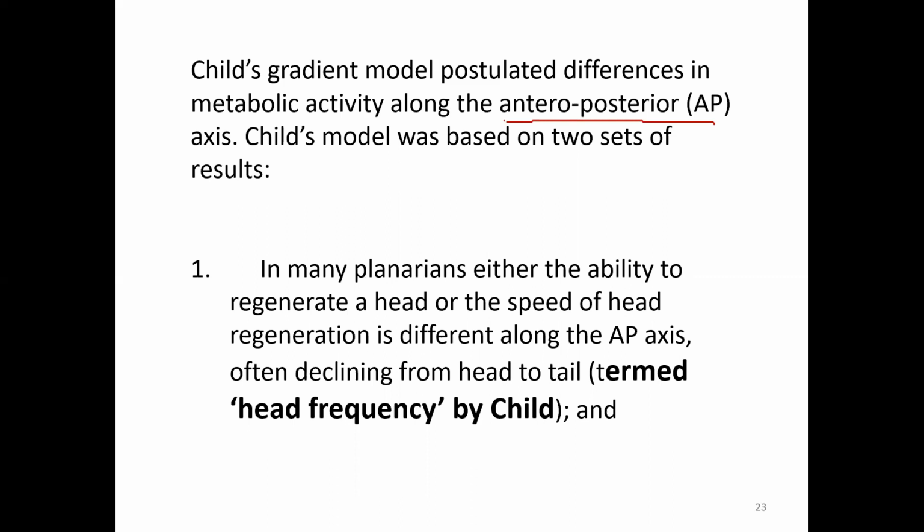One, in many planarians, either the ability to regenerate a head or the speed of head regeneration is different along the AP axis, often declining from head to tail.